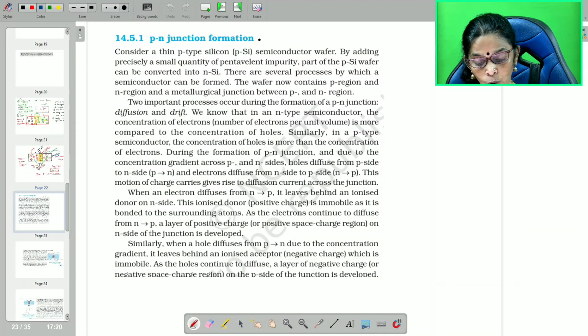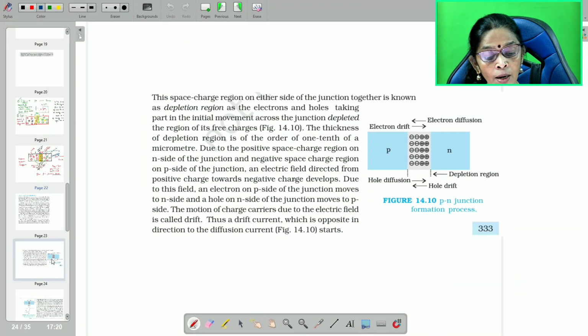Now, whatever we discussed, I am just talking about. So this is a space charge region. Negative space charge region is created, positive space charge region is created, and the thickness of this region is in micrometers.